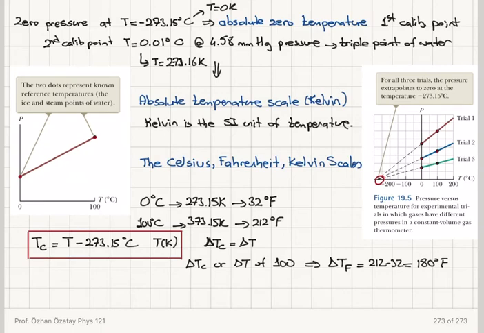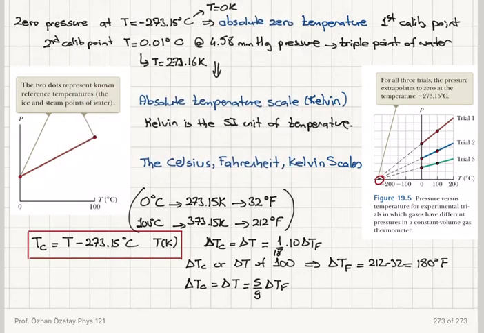So basically, a 100 degrees C temperature change in the Celsius scale, or a 100 Kelvin temperature change in the Kelvin scale, is equal to 10 over 18 times delta T in the Fahrenheit scale. Or I can rewrite this: a change in the Celsius scale, which is the same change in the Kelvin scale, is 5 over 9 times the change in the Fahrenheit scale.